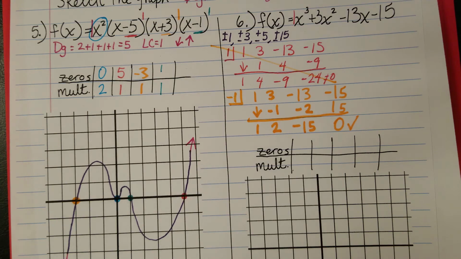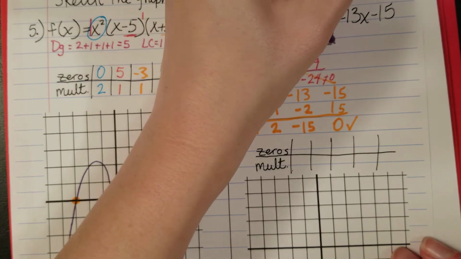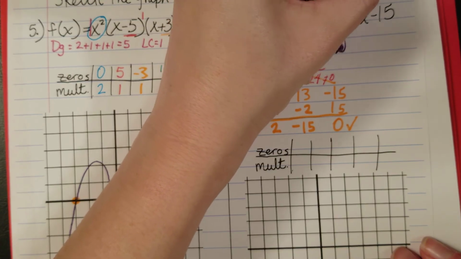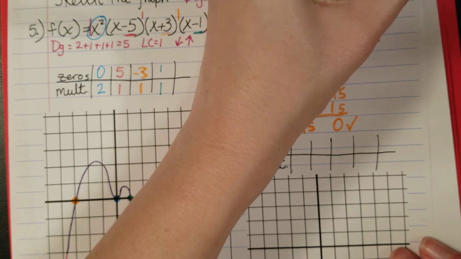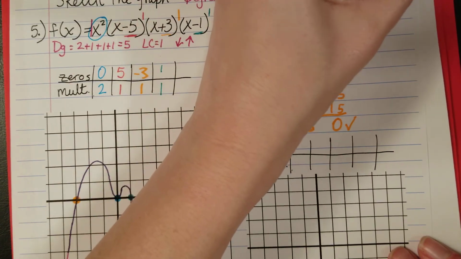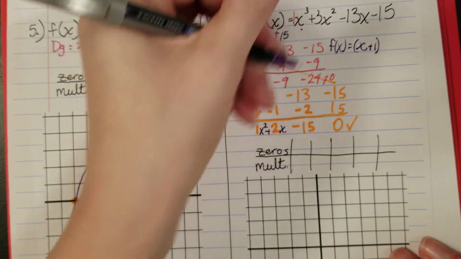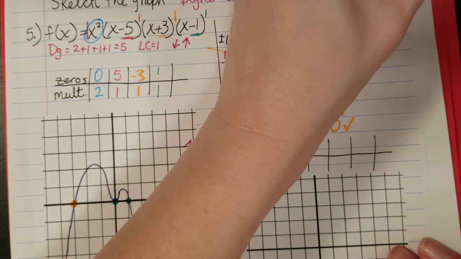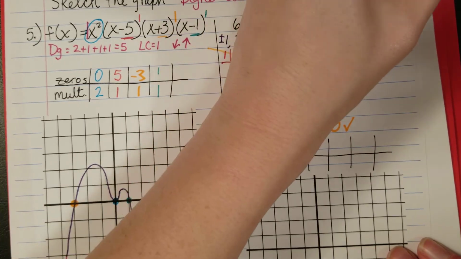So when I'm going to factor it, I can say that f of x equals x minus -1, which would be like x plus 1. And then this is x squared plus 2x minus 15. Oh, sorry, plus 2x.